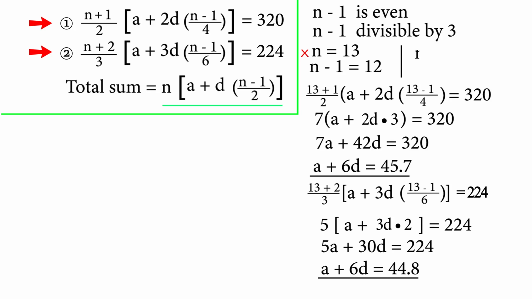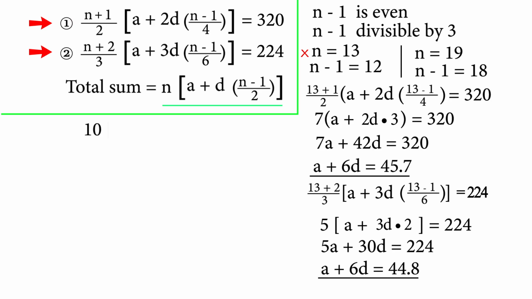Let's get another number for n that's even and divisible by 3. Let's just go up to the next one, which I believe would be 19. That would make n minus 1 18, and 18 is indeed even and is also divisible by 3. All right, let's do this again. So equation 1 this time becomes 10, correct?